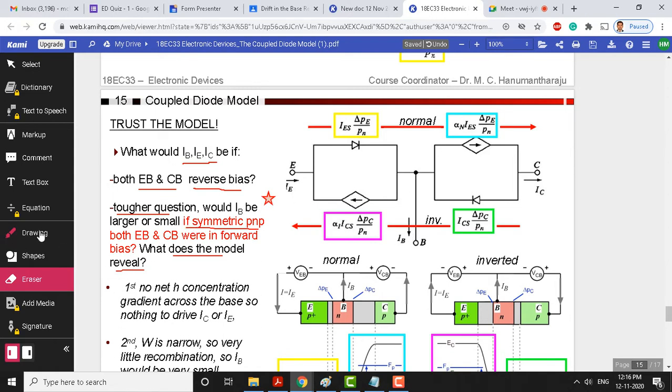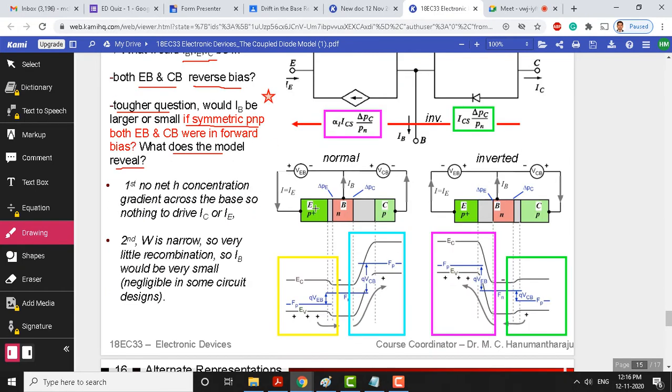See the condition here, I would like to mention once again the condition. There is a symmetrical BJT, that is number 1, symmetrical PNP. Let me draw the BJT for that type. Symmetrical means this is P, it is not P plus here, it will be P and P. That means doping in the collector is same as doping at the emitter. So, you do not see a big depletion region like this in a symmetrical PNP transistor.